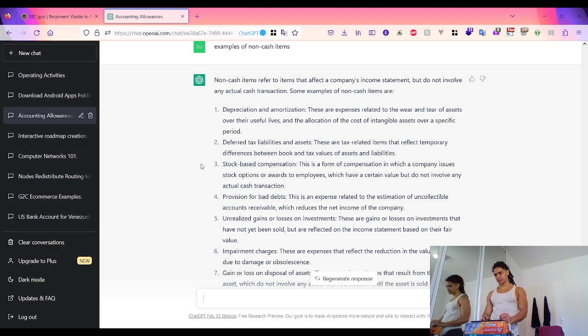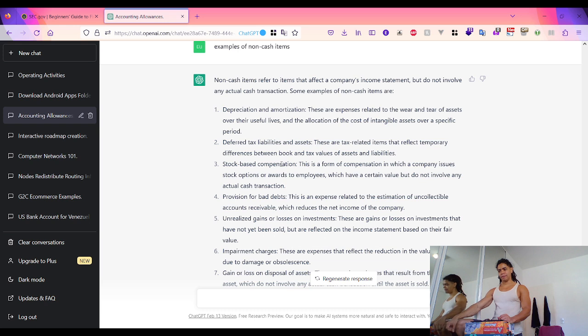Stock-based compensation, a form of compensation in which a company issues stock options or awards to employees, which have a certain value but do not involve any actual cash transaction.